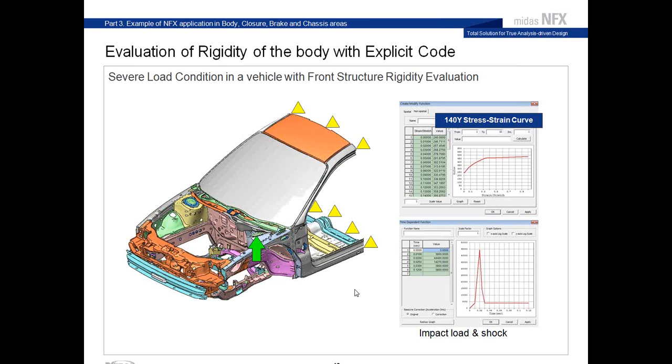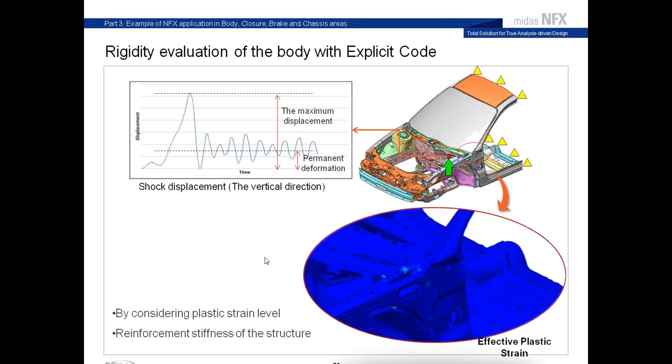So the last step to verify the rigidity is to use the explicit code, using several load conditions which are dynamic. In this type of analysis, as you see here, what will be put on the green arrow is an impact load, so a shock. We'll apply a very sudden shock in order to see the response of the body.